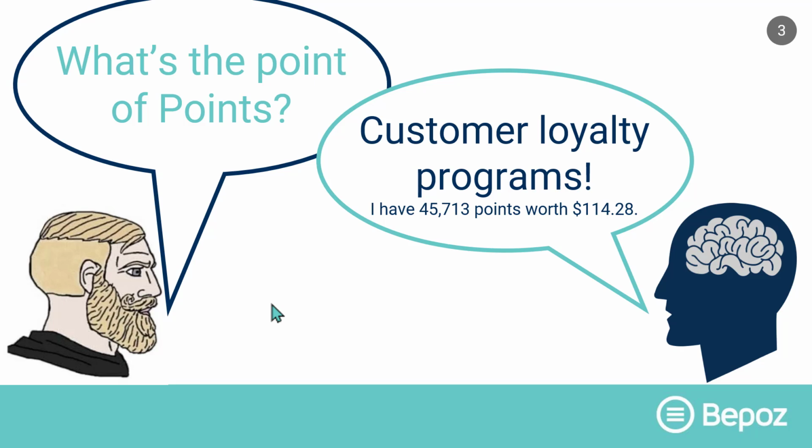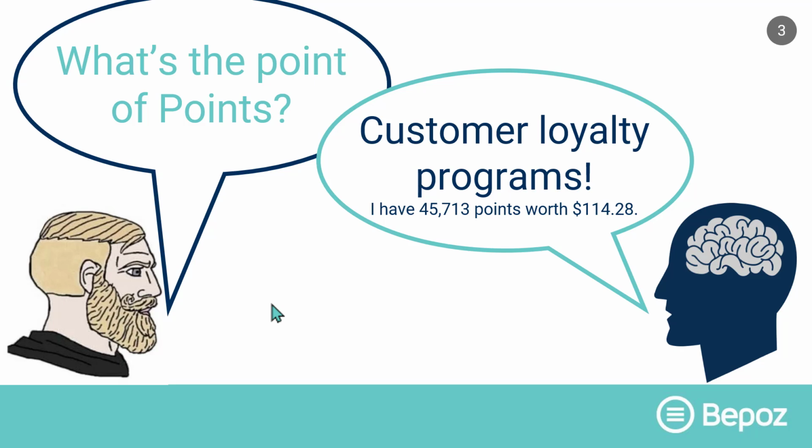The value of points in these programs is set by the relationship between the earn and redeem percentages. And in BPOS, we can set things up in such a way that points earn at one rate, but redeem at a different rate. So maybe an account needs to spend $10 for every 1 point earned, but those points are then redeemed at a rate where 10 points is equivalent to only $1. The wash up of that is that an account holder needs to spend $100 for $1 worth of points.